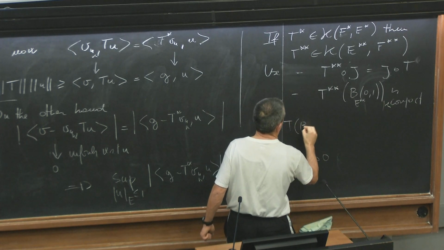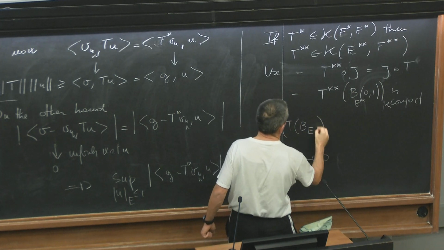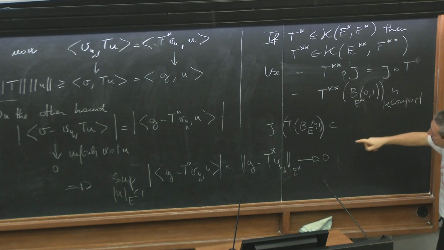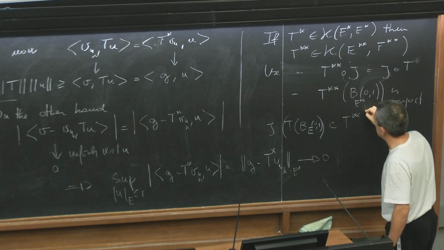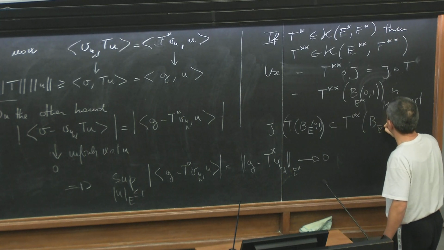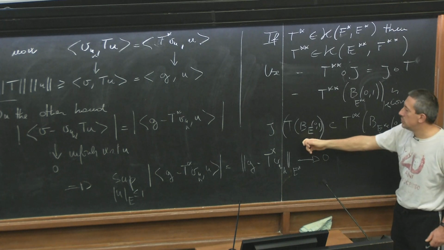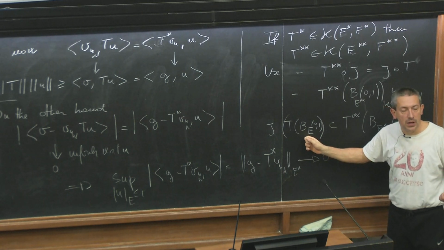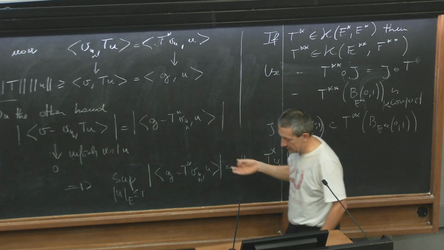T of the ball of, let's say, J composed T of the ball, which is contained in T** of the ball, because the image through J of the ball of any set is contained in the ball.